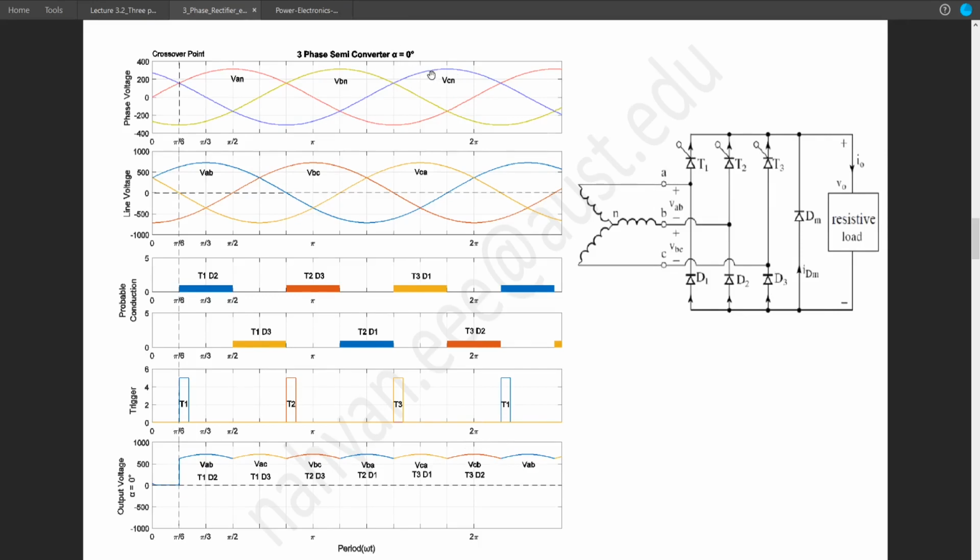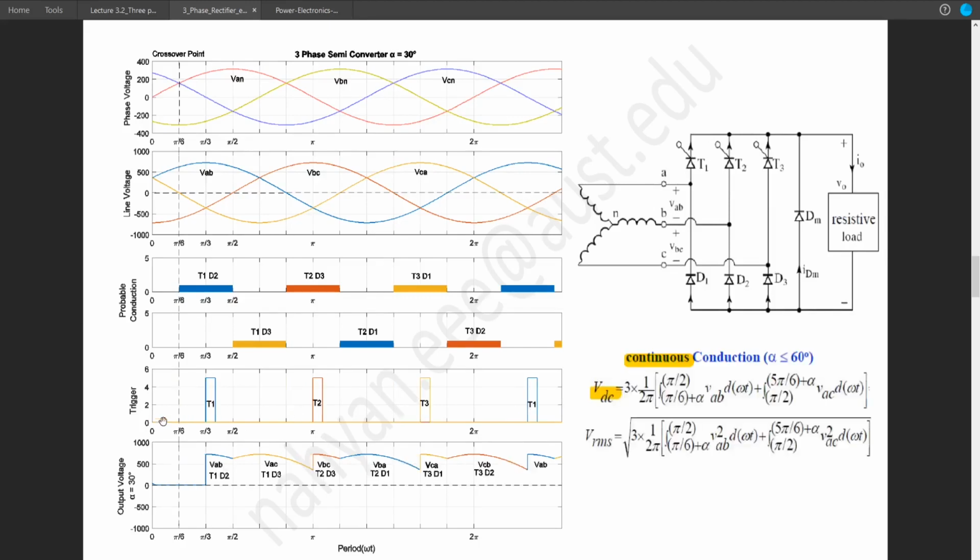So for alpha equal to 30 degrees, this waveform will be shifted 30 degrees further. The gap between the triggering will remain the same, 120 degrees, just the whole thing will move 30 degrees forward.